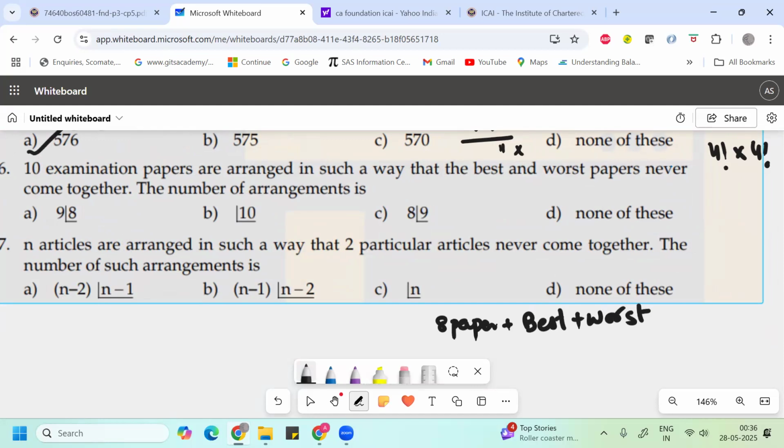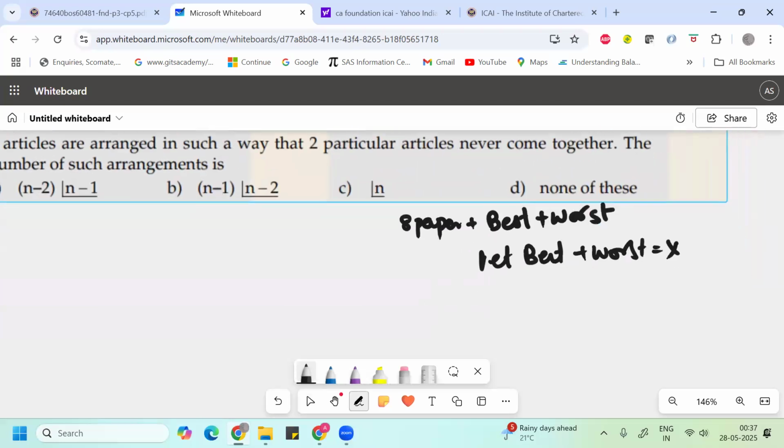Okay. So now let best plus worst paper make it equal to X, because they should be together. So then how many papers do you have? You have 9 papers, 8 papers plus X, where X consists of best and worst together.